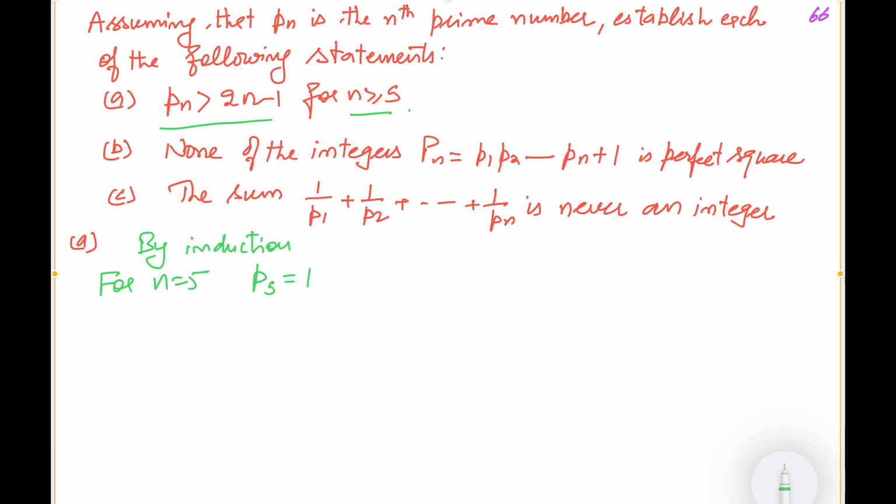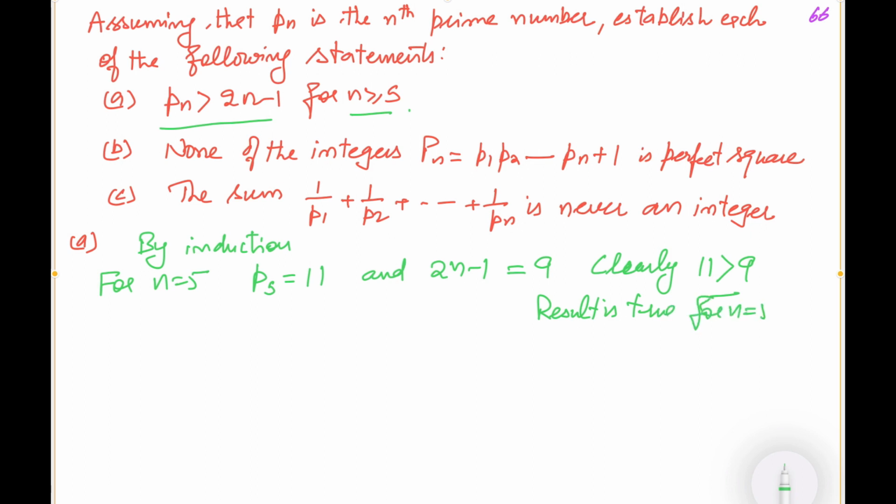Very easily we can write it as 11. Now putting the value 5 on the right hand side, how much is 2n minus 1? 2 fives are 10, minus 1 is 9. So clearly 11 is strictly greater than 9. The result is true for n equal to 5.